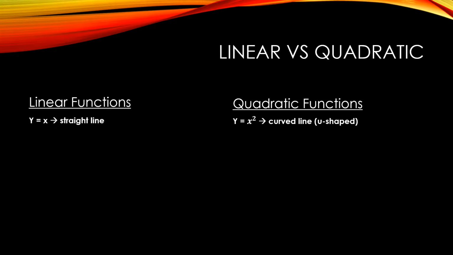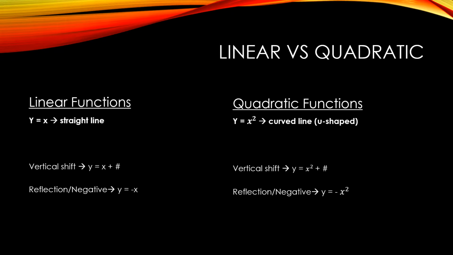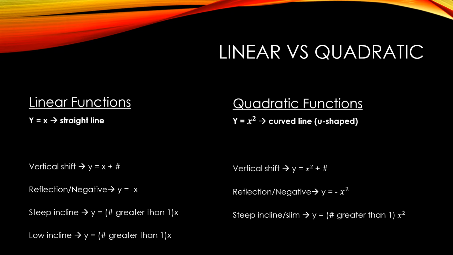Now, for most of the transformations we see here, both linear and quadratic are taking on the exact same format. Whether it's a vertical shift, a reflection, steep incline, low incline when we're talking about linear functions, a slim u versus a wide u when we're talking about quadratic functions, the formats are the same.